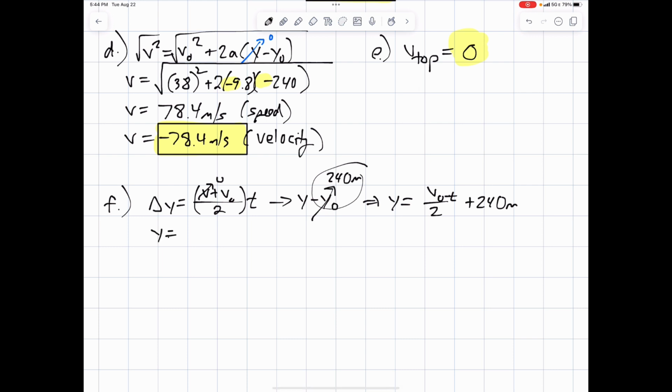So let's go ahead and fill that out. v naught is 38, times t up, which is 3.88. Okay, and then we're going to add that to 240.